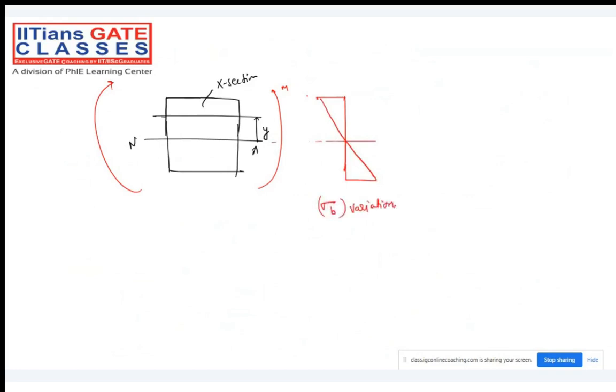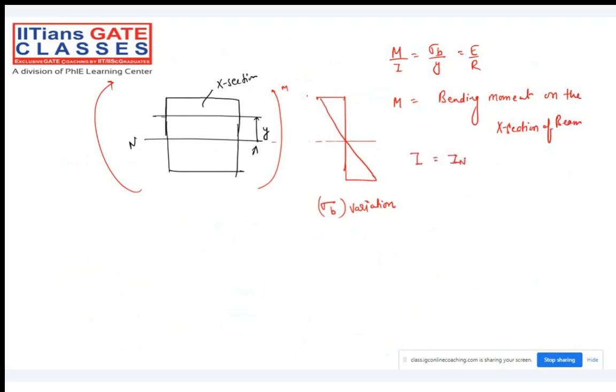M by I. M is the bending moment on the cross section of the beam. I is nothing but I about the neutral axis.